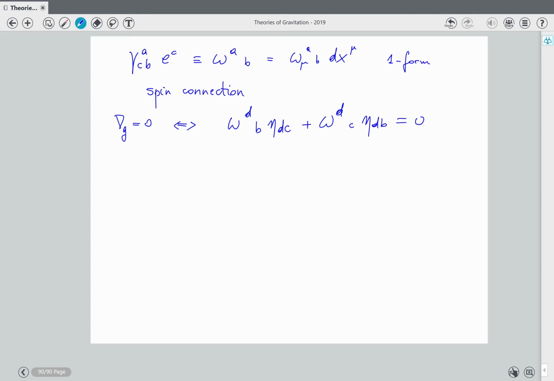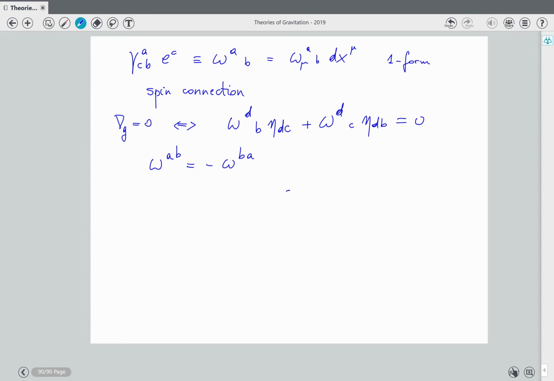Sometimes it is convenient to raise or lower the indices A and B of omega. When you lower them, omega becomes anti-symmetric.